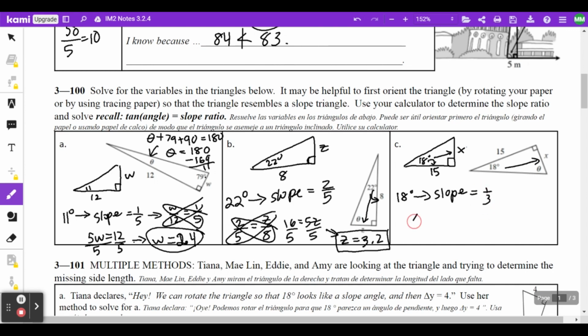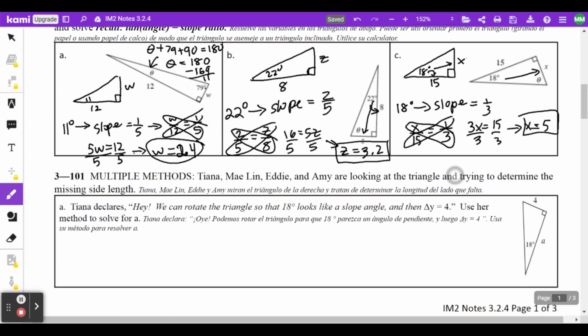So I have X over 15 equals 1/3. I cross multiply. I have 3x equals 15. I divide both sides by 3, and I have x equals 5. Okay, we continue.